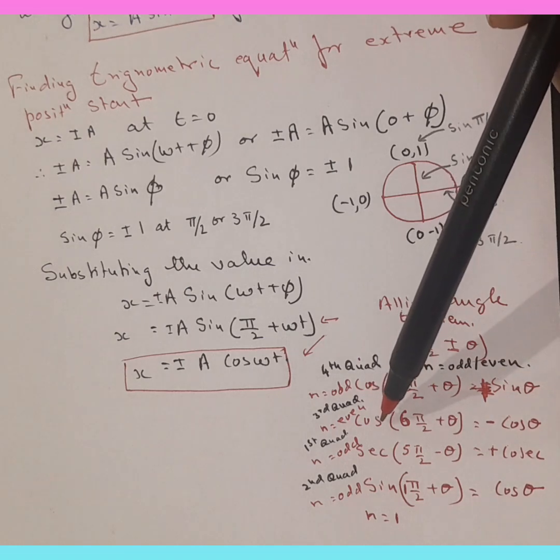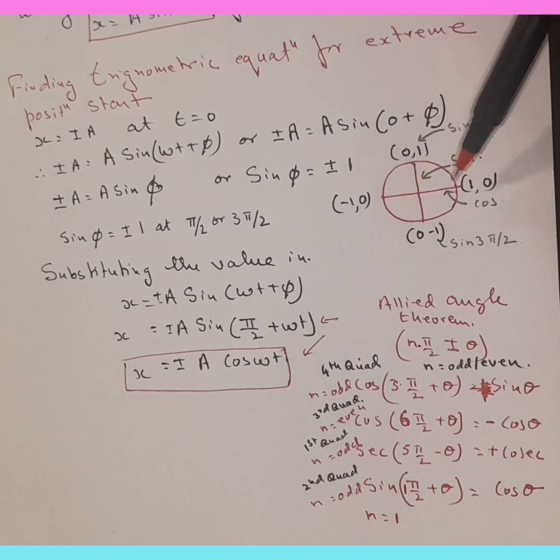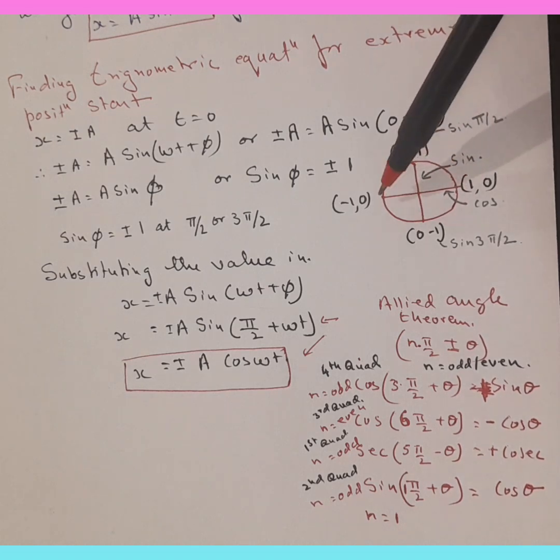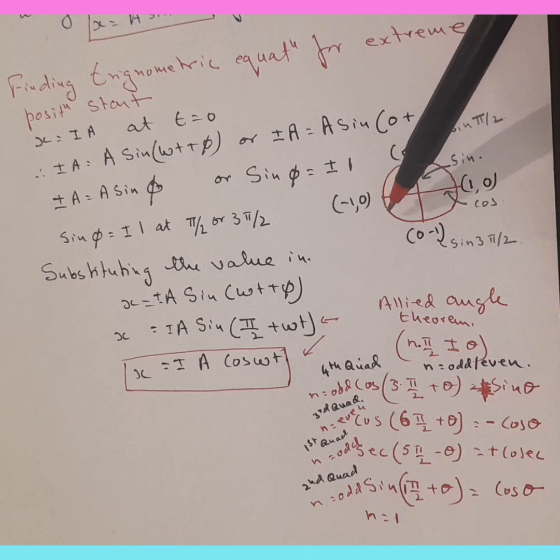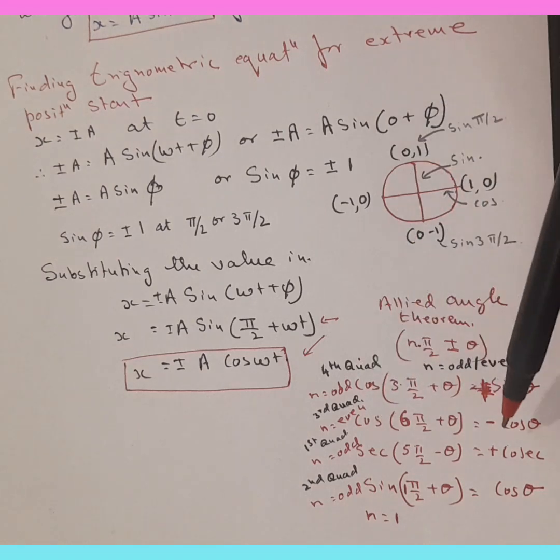Now let's check the case of even. I have taken 6 pi by 2 plus theta. So 1 pi by 2, 2 pi by 2, 3, 4 pi by 2 comes here, 5 pi by 2 comes here, 6 pi by 2. It comes in the third quadrant, and in the third quadrant cos is negative, so it is minus cos theta.